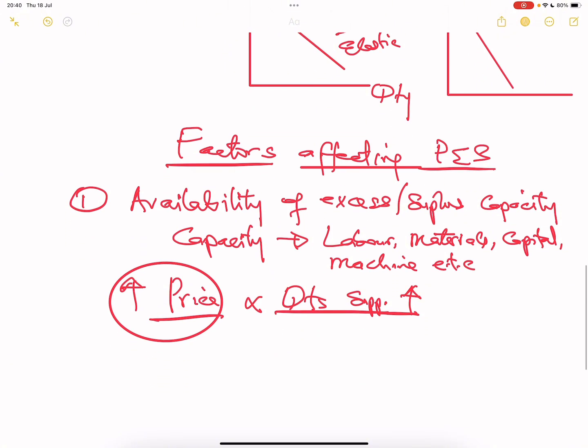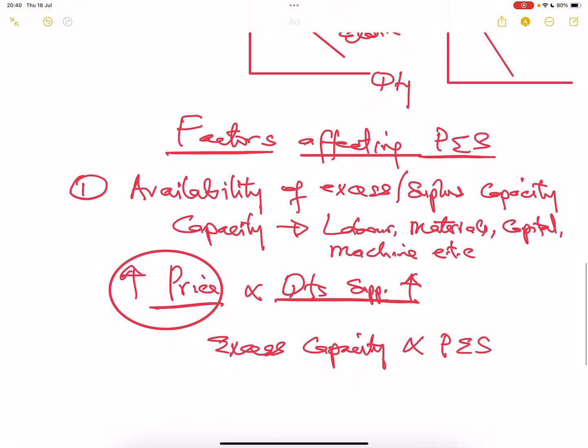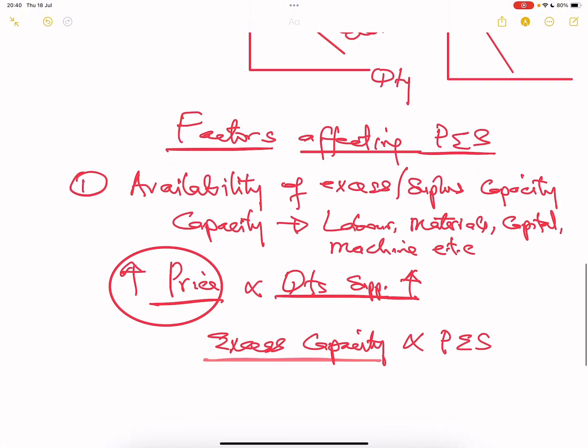So what this means is that excess capacity is directly proportional to price elasticity. Because if there's excess capacity, then there can be change. Remember, I've told you, always see elasticity as a change. That's a simple word to understand it.